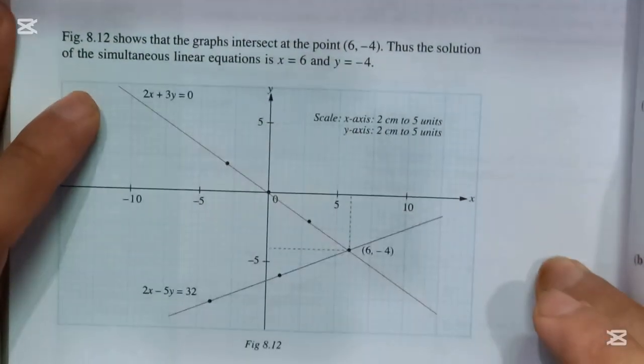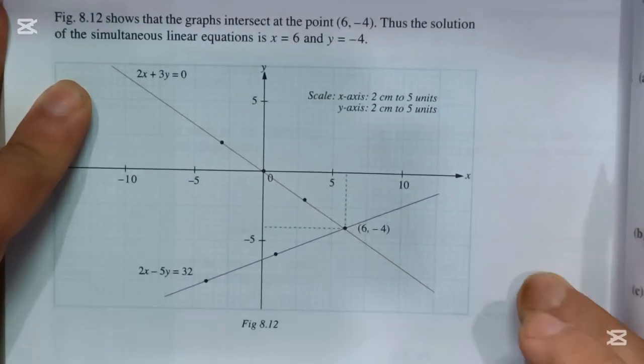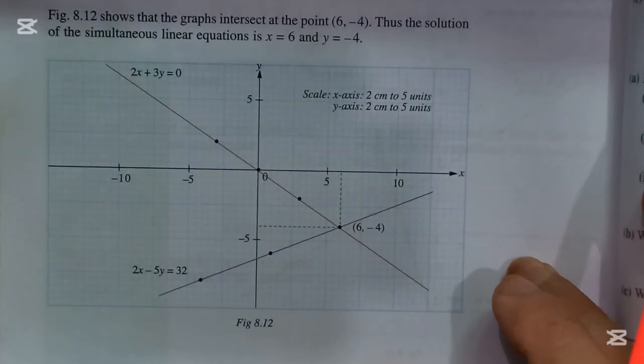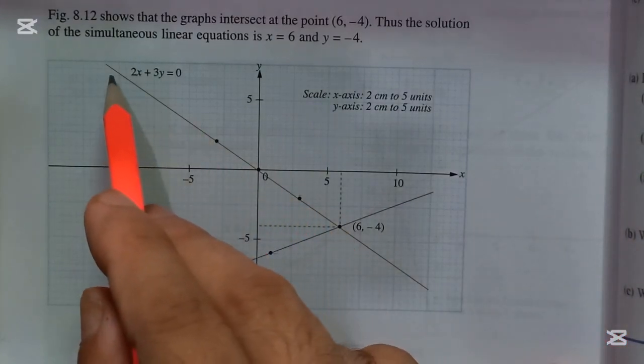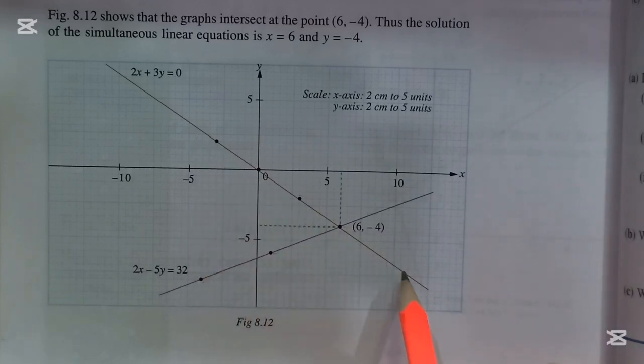So look now, here is the graph paper, and now these points have been plotted and joined with the help of a scale, and these two lines intersect each other at this point. So this point (6, -4) is the solution of the equations.